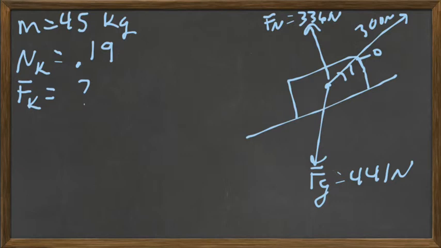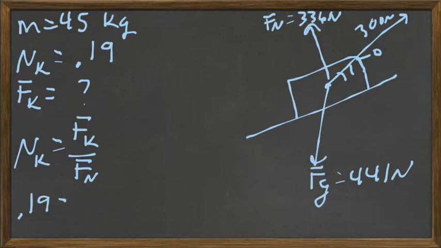Well, my formula, coefficient of friction, is force of friction divided by normal force. That does not change even if he's on an incline. I know my coefficient of friction, 0.19. I know my normal force is 336. My force of friction comes out to be 63.8 newtons.